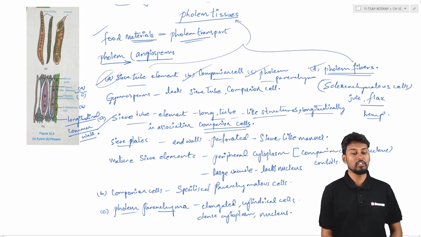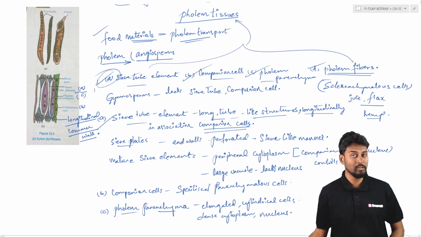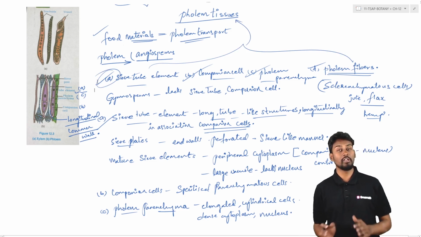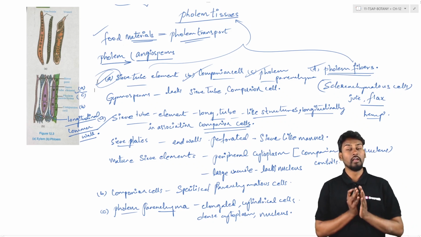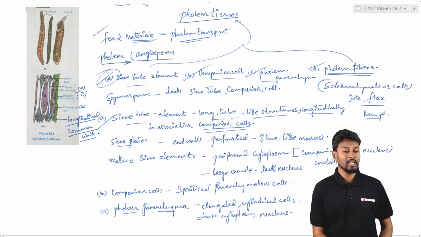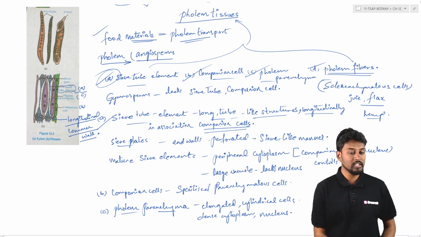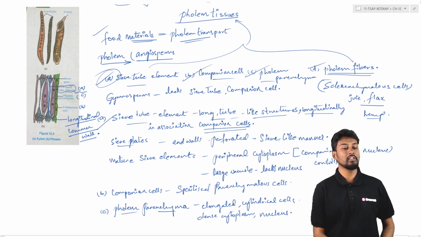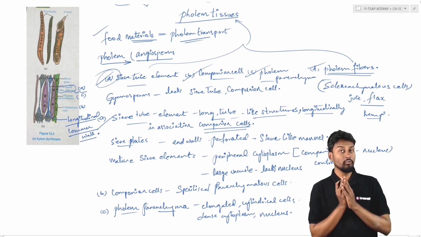So the first is the sieve tube elements. Sieve tube elements are very important channels which are generally created within the phloem tissue. Here in our diagram we can see this is the sieve tube element. So this complete tube which is seen in the middle is made up of the sieve tube elements.